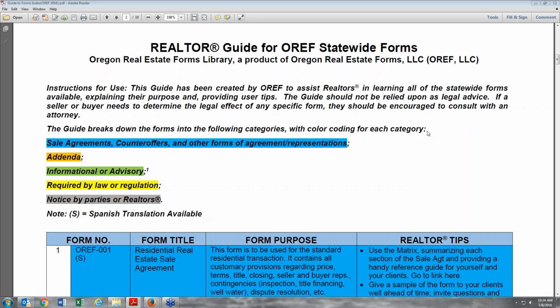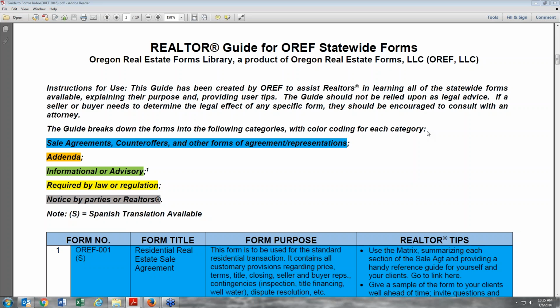The order of forms presentation is going to be as follows. We're going to start out just introducing you to the forms, what I call the forms matrix. It is a matrix. It also goes by the name of Guide to Statewide Forms, and it has a listing of all of the forms, the form number, the form title, the purpose of the form, and then realtor tips.